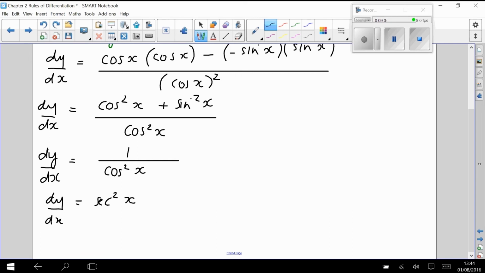We've now investigated the derivative functions for sine of x, which is cos x, of cos of x, which is minus sine x, and the derivative function for tan x, which is going to be sec squared x.